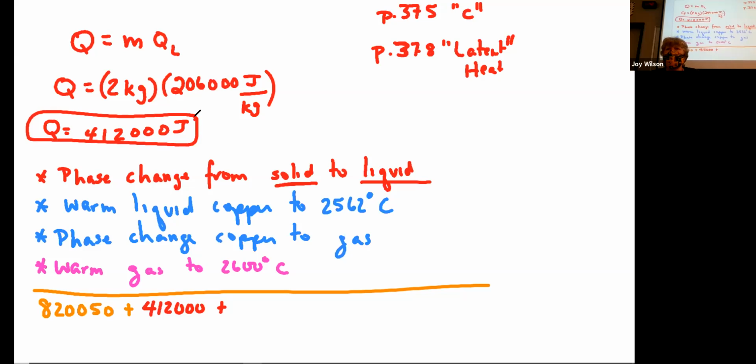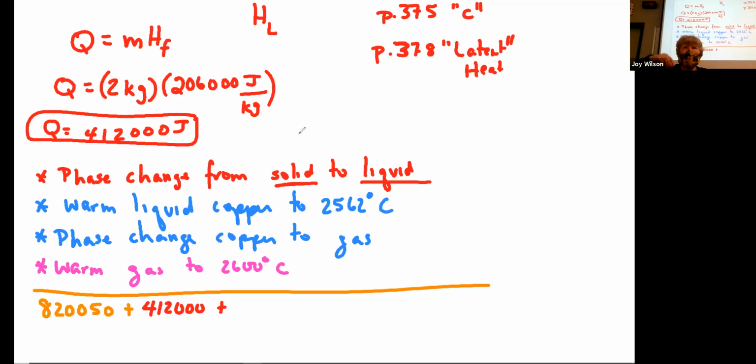By the way, this section is called calorimetry. Yes? Say again? When you write down the formula at the top, yep. Some books will use Q. Some people will write HF. Some books write HL.